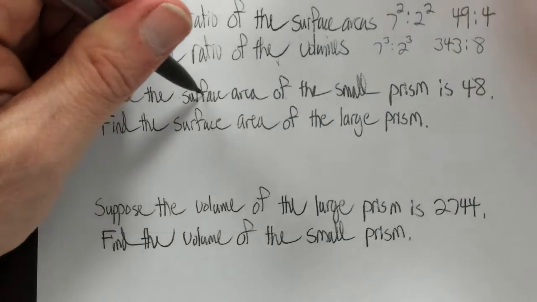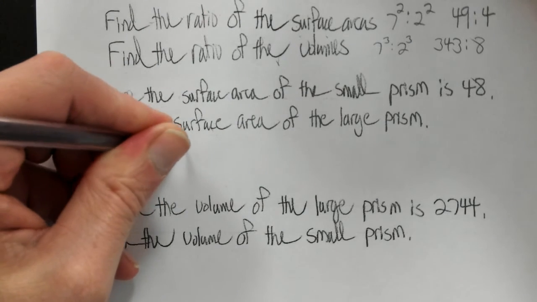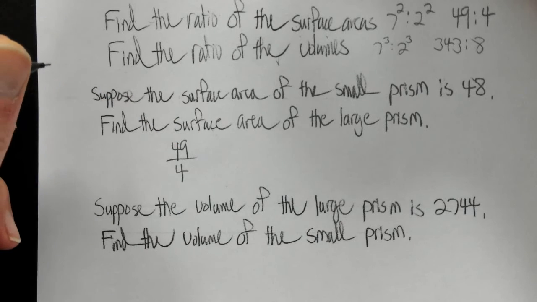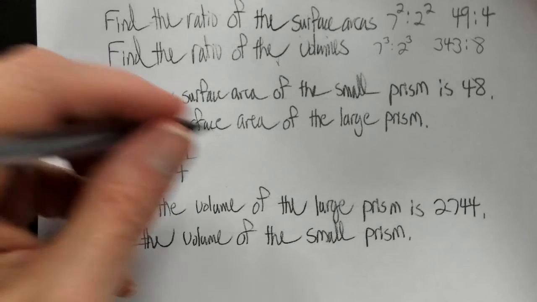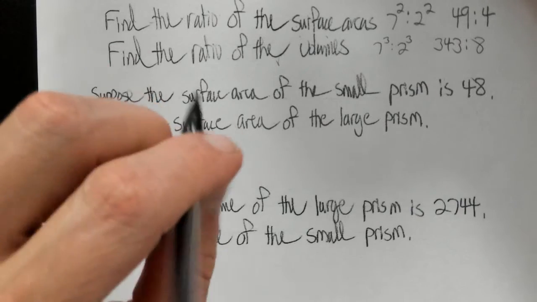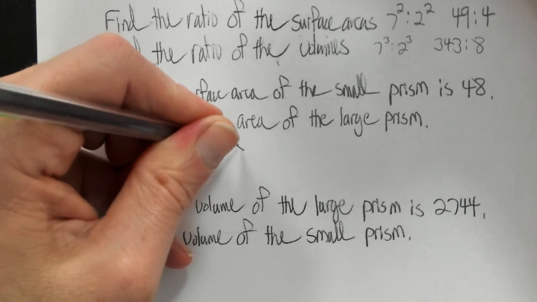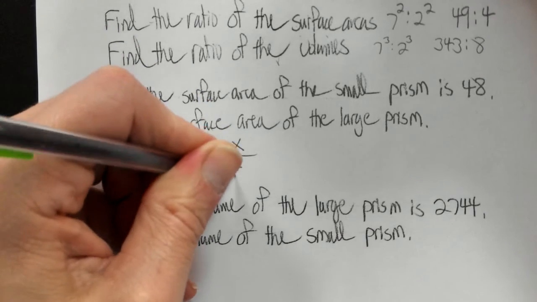We're using area, so I'll use the ratio of the surface areas, which is 49 over 4, and I'm going to set that equal to x, which is what I'm trying to find, over 48.